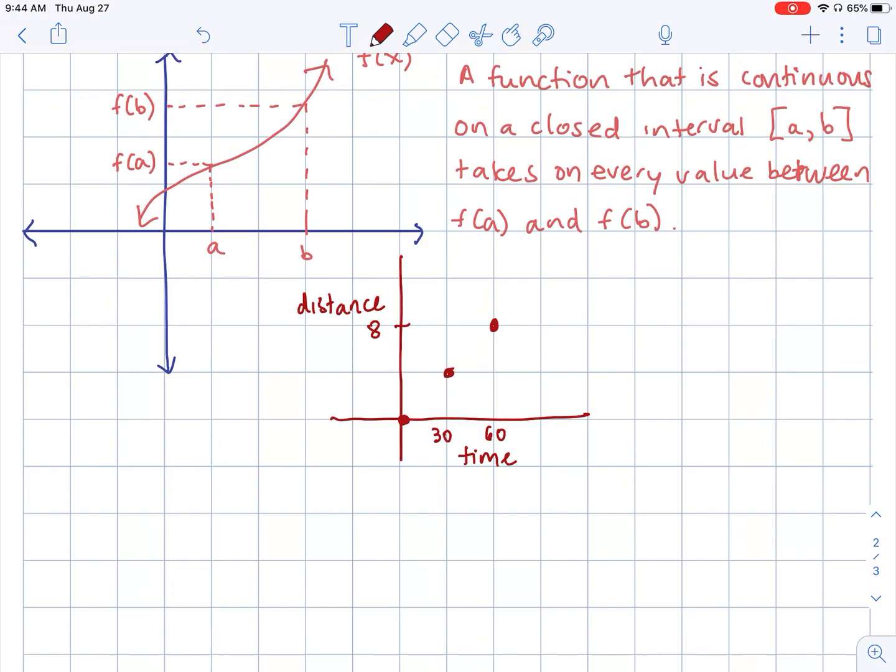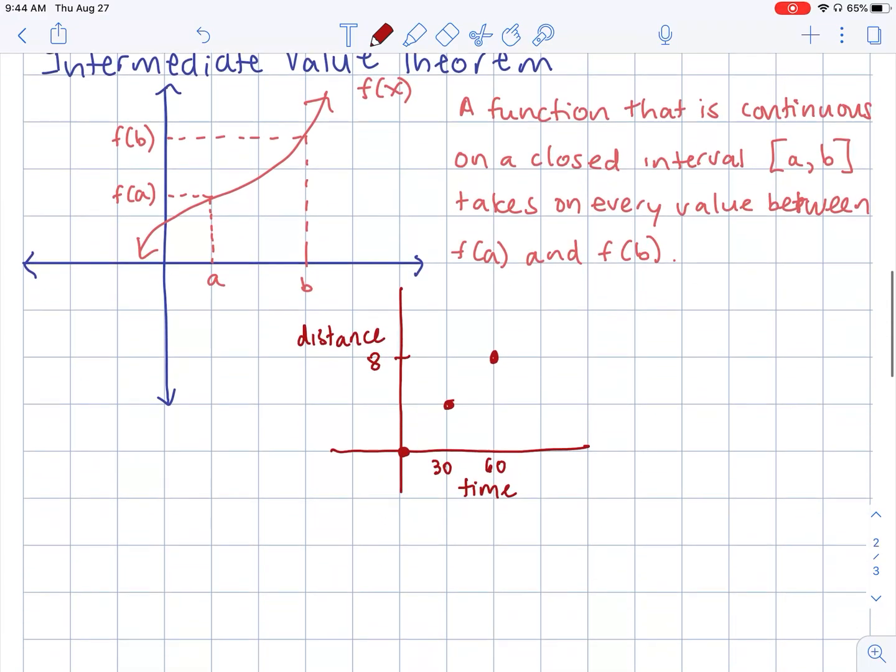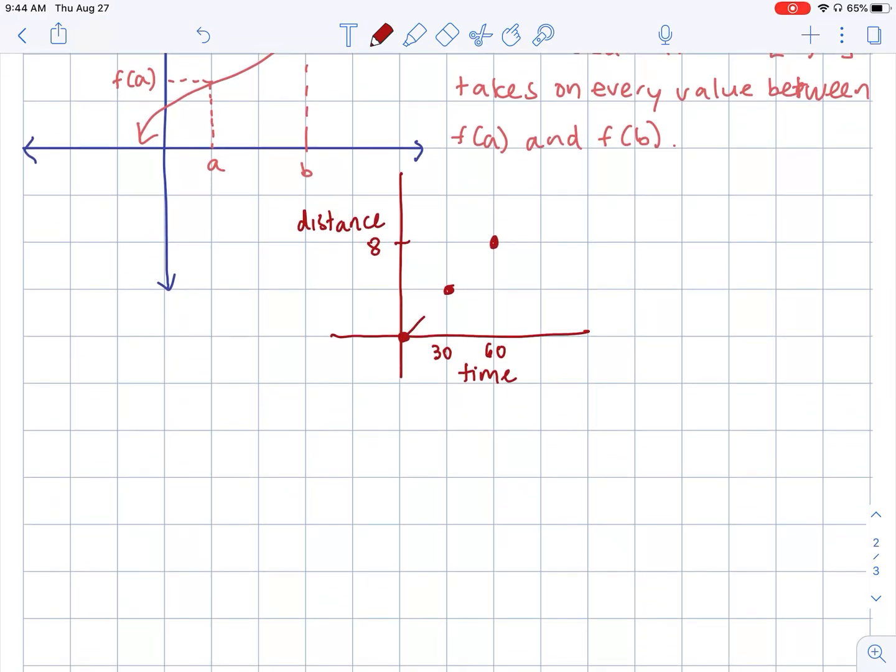And so the question is, during the 1 hour that it took you to walk home, is it reasonable to conclude that at some point you must have reached a distance of, let's say, 2 miles, or 4 miles, or 6 miles? And the answer is yes.